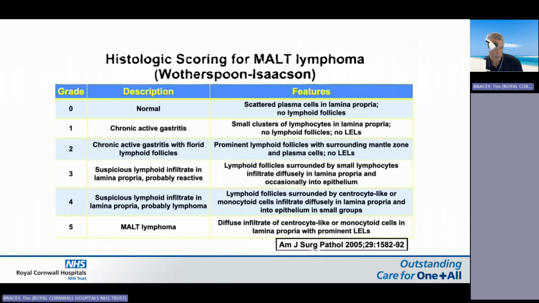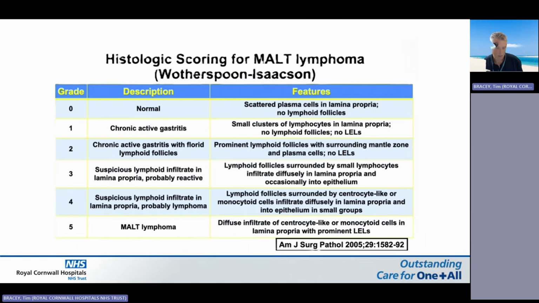I can't remember any of this, but there is a Witherspoon and Peter Isaacson paper talking about the features of MALT lymphoma. And you get a lot of these suspicious biopsies, where they're not quite diagnostic.